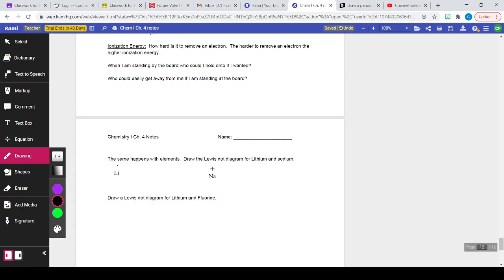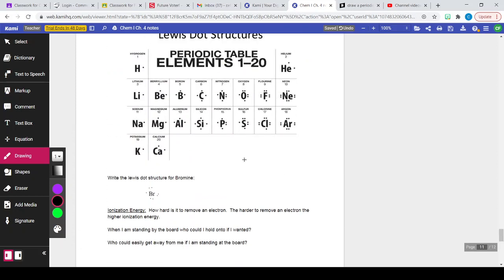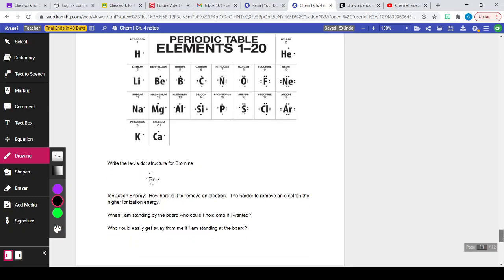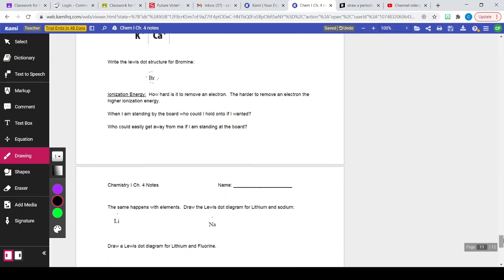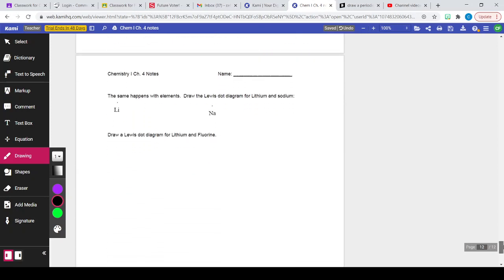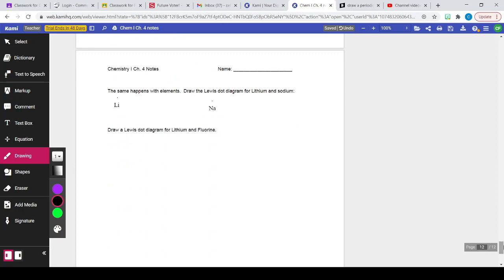I'm just going to put it on top. It doesn't matter where you put it. I always start at the top for some reason. Now, they both have one valence electron, but if you use that method, sodium's going to be able to lose that electron a little bit easier than lithium. Lithium will also want to lose that one electron, but it will be easier for sodium as far as how much energy it needs to do that.